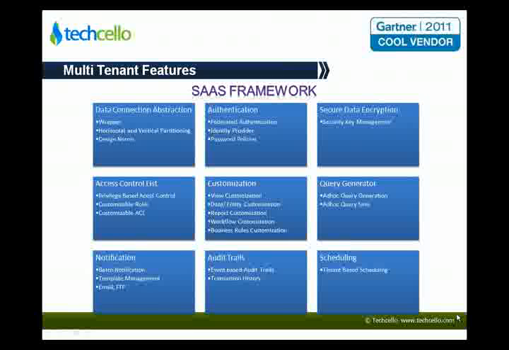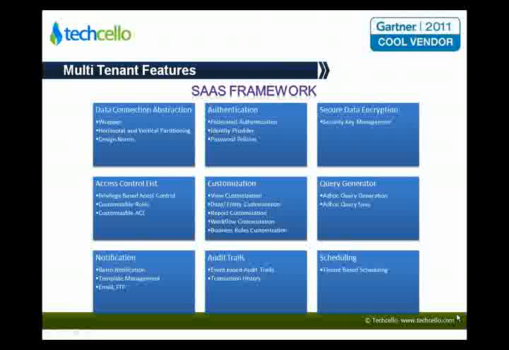Now, once you have laid down the plumbing, which is quite the basic blocks that any application would need, the next level is to bring in a SaaS framework itself. A SaaS framework is going to be components that are specifically doing things for bringing in multi-tenancy in your application.